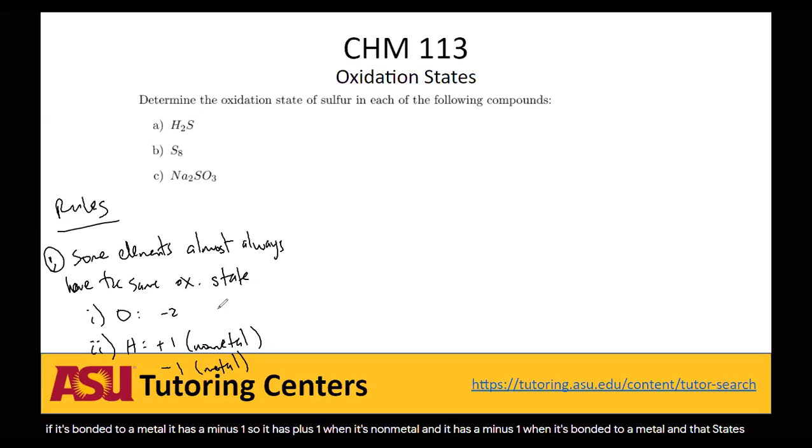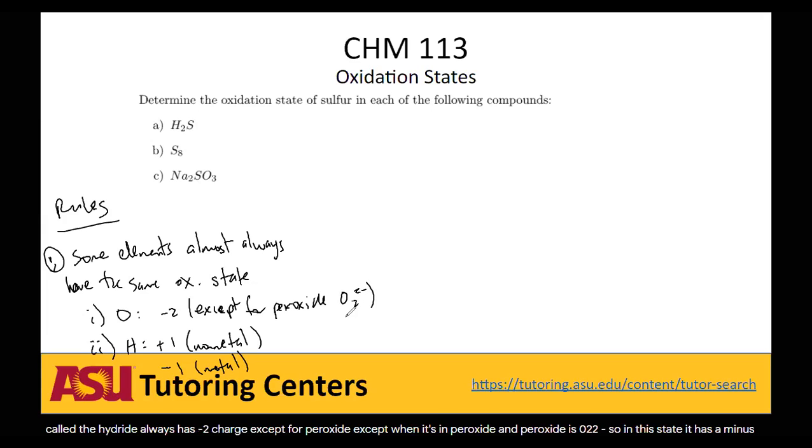Oxygen always has -2 charge, except when it's in peroxide. And peroxide is O2 2-. So in this state, it has a -1 charge, right? Because there are two oxygens. So if each has a -1, that gives the overall charge of -2. So oxygen is always -2, except for peroxides. Hydrogen's +1 when bonded to nonmetals and -1 when bonded to metals.